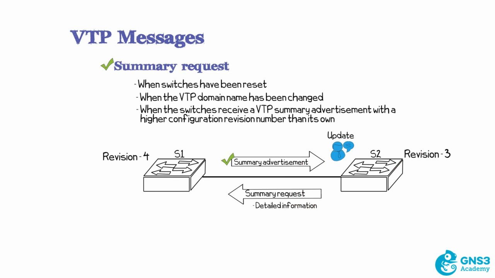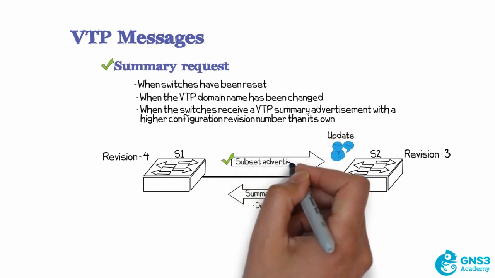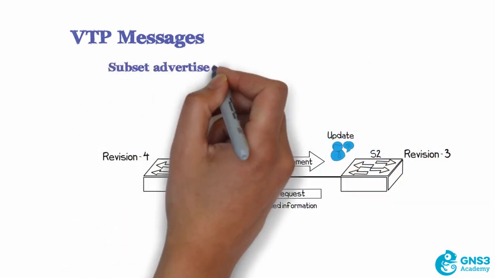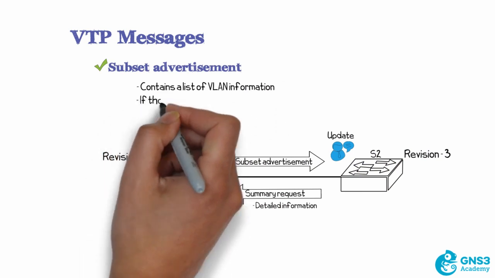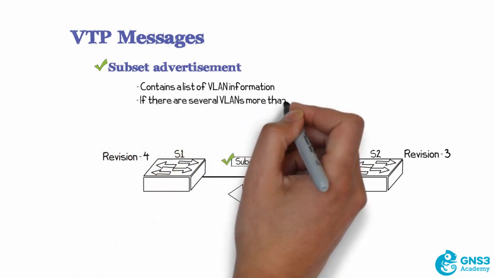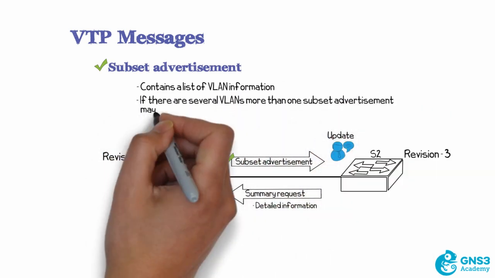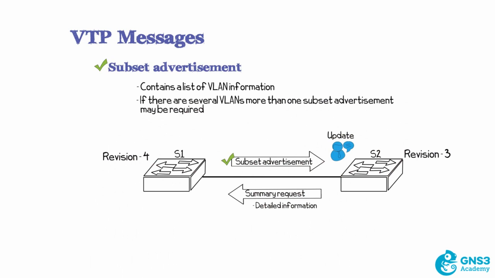Detailed information is sent from switch 1 to switch 2 using what's called a subset advertisement. This contains a list of VLAN information, and if there are several VLANs, more than one subset advertisement may be required to update and synchronize the database of other switches.